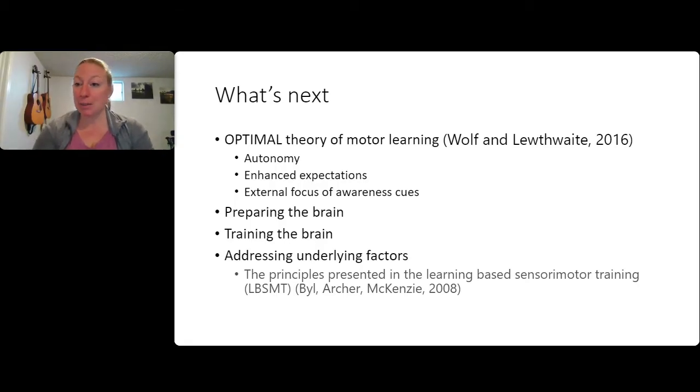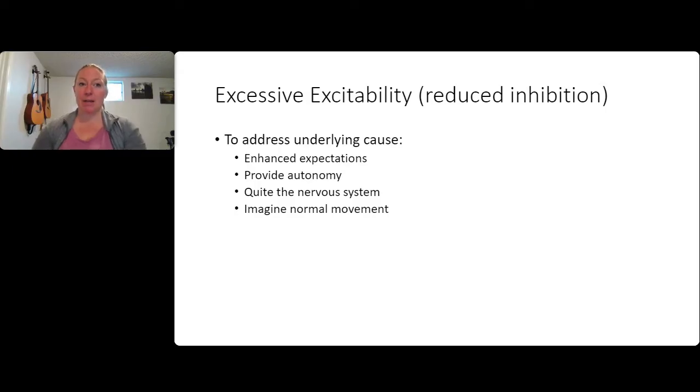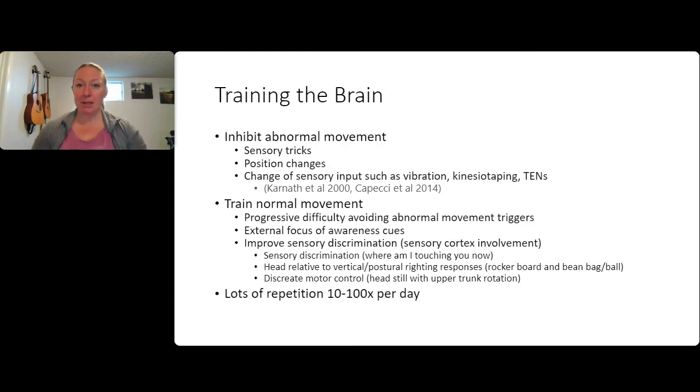And then just preparing the brain, training it, and addressing any of those underlying factors are where we're going to get the best results. And so to address underlying cause or factors, those are the things that we just walked through in a case study, but I just want you to have it kind of bulleted here.